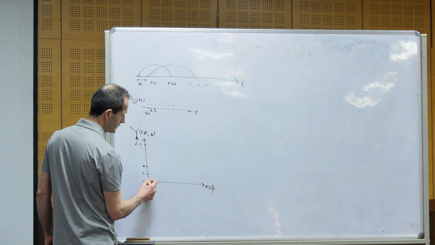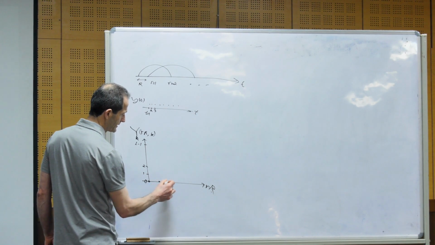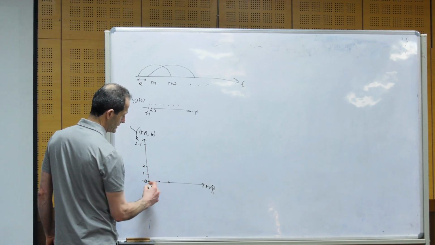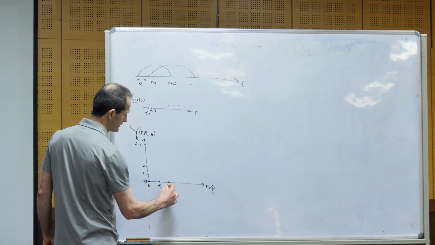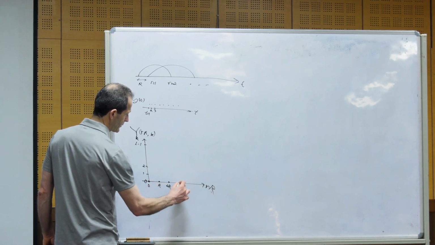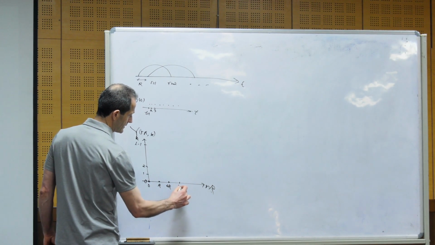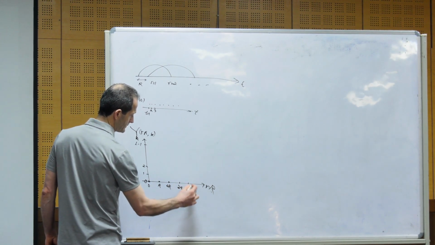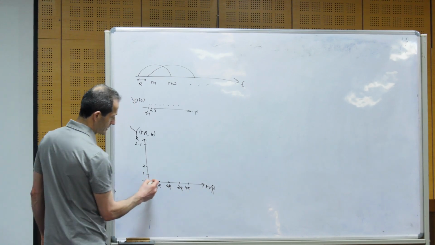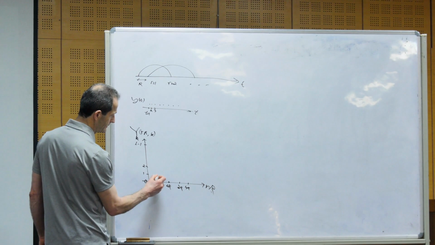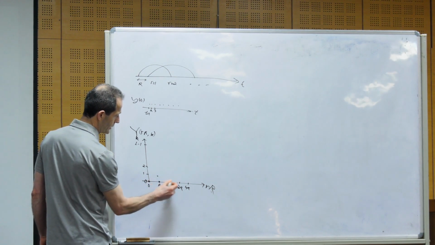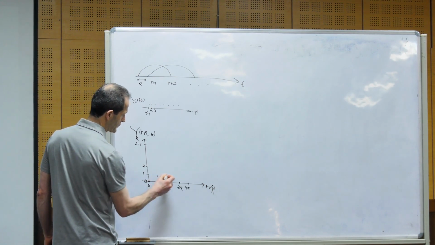So if we jump, it will be like this. So this is 0, this is R, 2R, 3R, and so on, 4R. And for each point on the grid, you have a measurement.